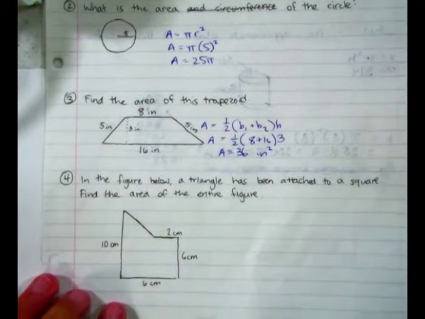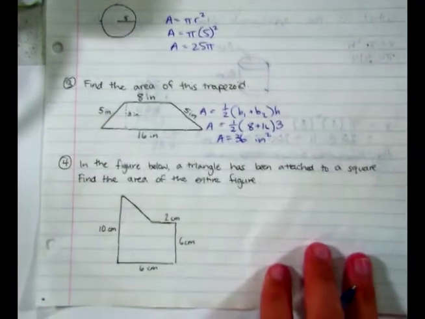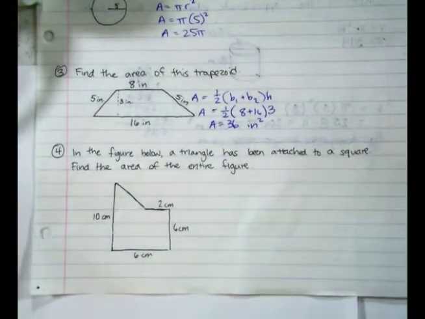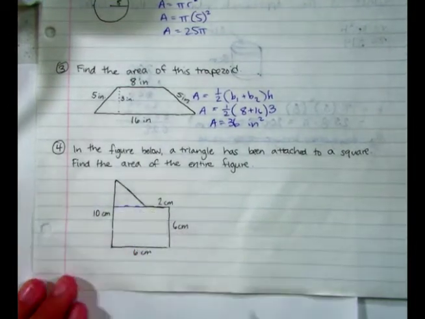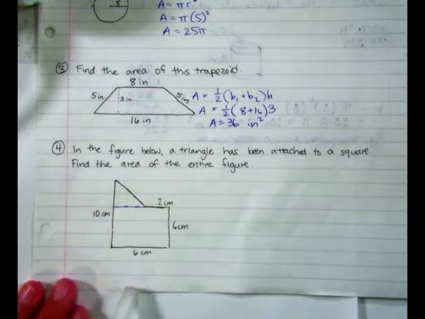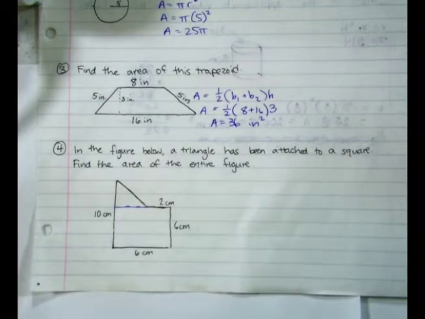Okay, so here we have a complex shape, and it is a square attached to a triangle. So how would you start this? I would divide it so I can see where the square is and where the triangle is. Then I would solve for the area of the square separately, and then the area of the triangle.